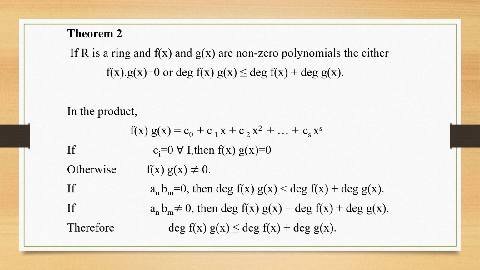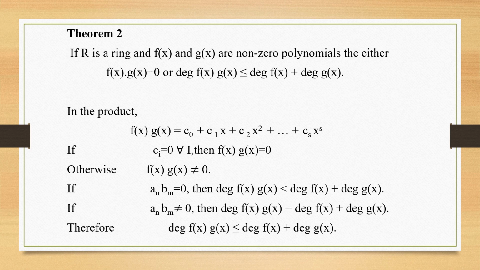I usually take the product f of x g of x as c0 plus c1x plus c2x square and so on, cs x power s. If ci is equal to 0 for all i, then f of x g of x is equal to 0. It's obvious, right? If all the ci's are 0, I can simply write f of x and g of x is equal to 0. Otherwise, it is not equal to 0, and it can be either of these cases.